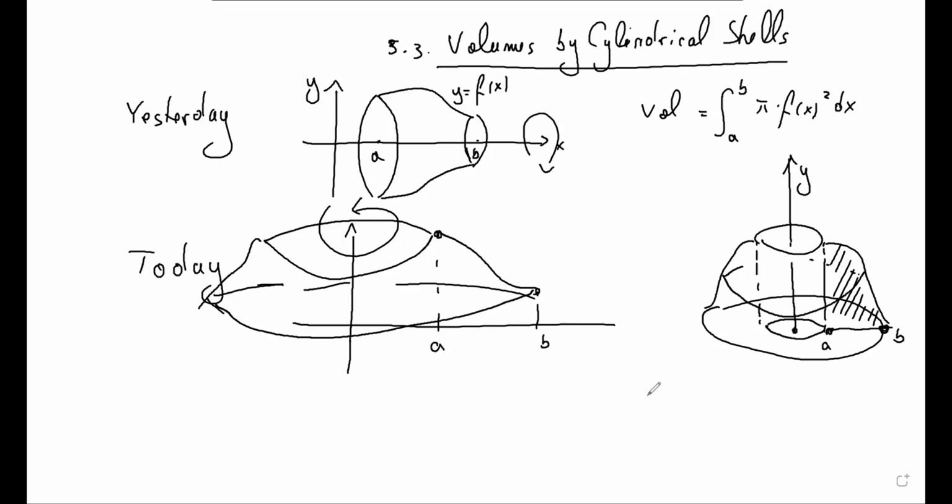So if we slice it up horizontally, we're going to get two circles, right? One will be the interior circle, and the other one the exterior circle. The radii of these circles are very easy. The radius of the interior circle is a, and the radius of the exterior circle is b.